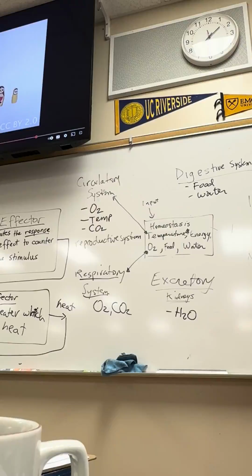Skin, right? Receptors in your skin and a part of your brain called the hypothalamus. So those are the sensors. That's a little complicated because there's two different ones. That's biology for you. Nothing is simple in biology. All right. So we have the stimulus and the sensor.